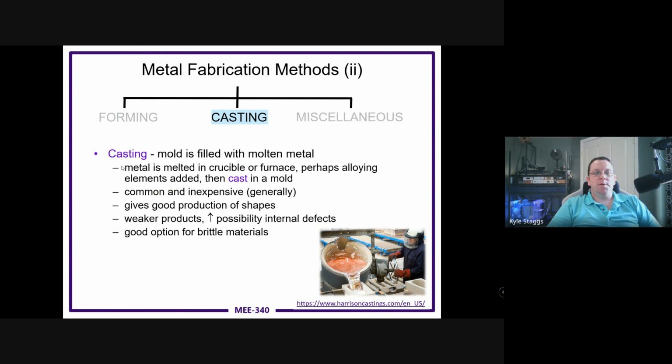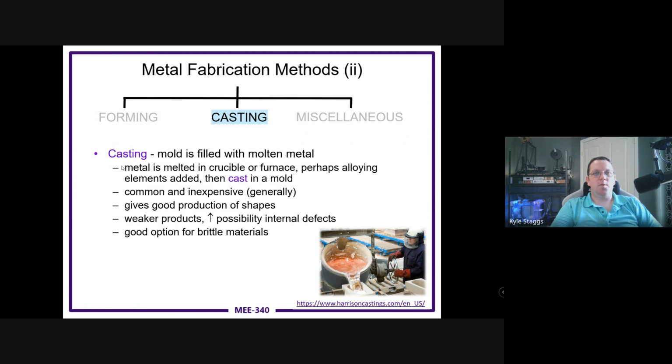They're typically common and inexpensive, so a lot of aluminum casting is done for a lot of things, and it gives a good production of shapes. They're general shapes. Sometimes it's hard to get exceptionally detailed castings. You can, but there are some tricks to it.